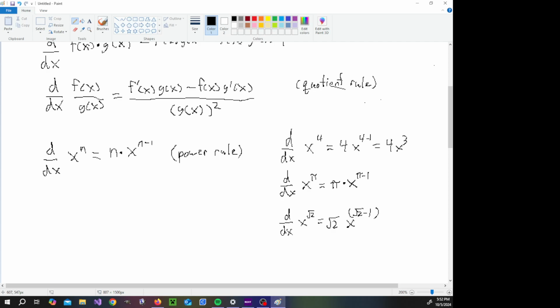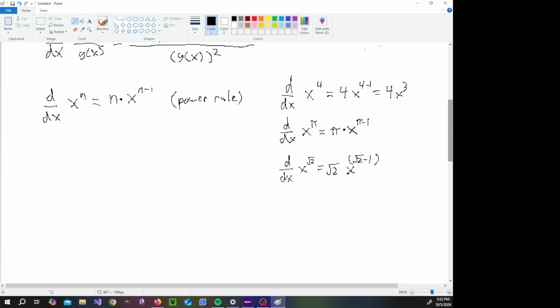Now, again, the power rule comes up a lot. The next trick is when we have something like the square root of x. Well, I have tried to show in class a few times that really any of our roots is actually an exponent. So I can always write a square root, a cube root, whatever kind of root as an exponent.